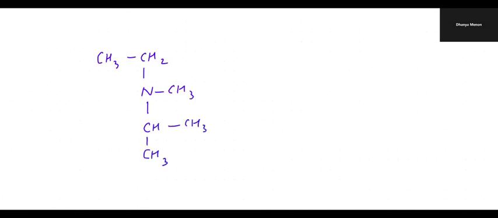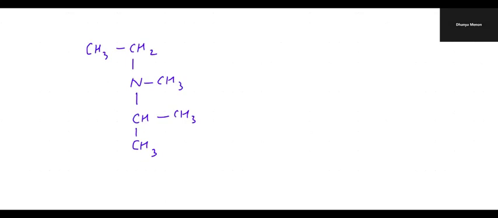Suppose you have a question like this, CH3, CH2, N, CH3, CH, CH3, CH3. So here we already discussed that amine is not a terminal functional group. It can appear anywhere in the chain.